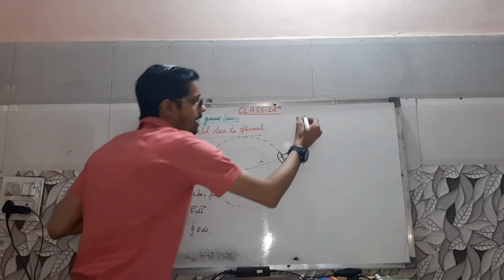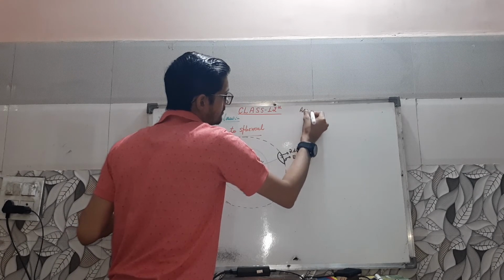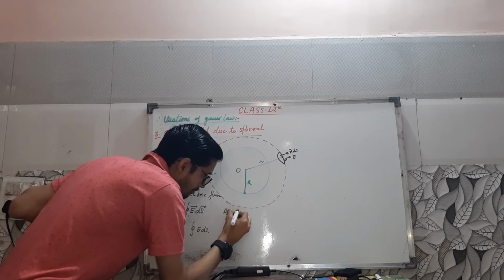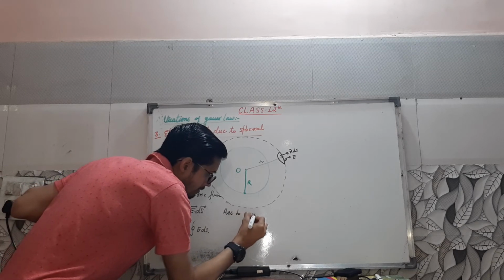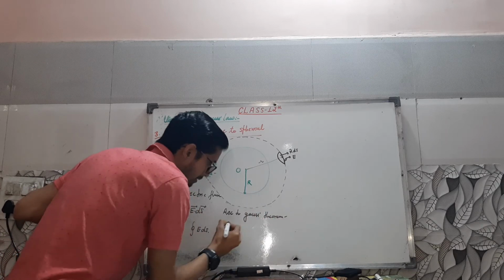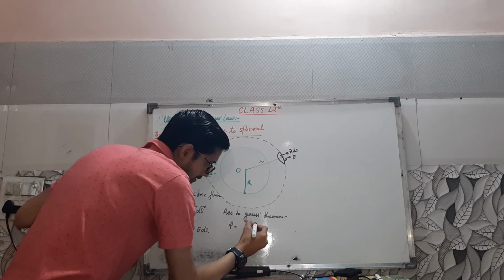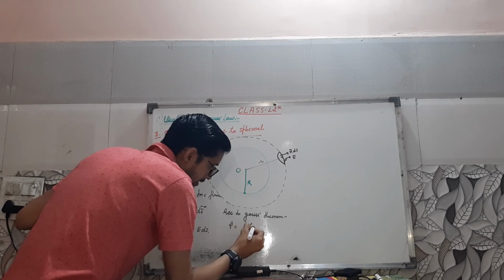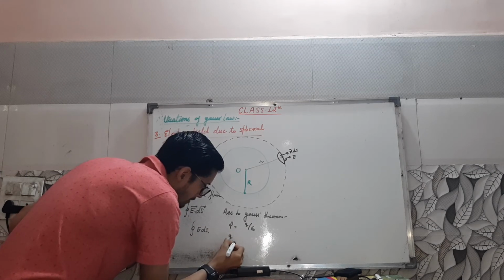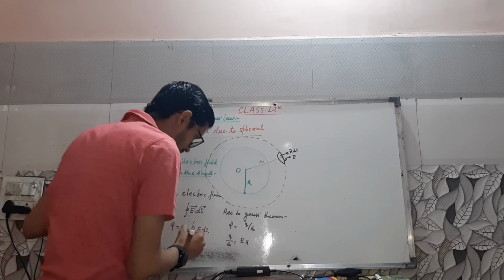Now according to Gauss theorem, phi equals q upon epsilon naught. So q upon epsilon naught will be equal to E, which comes out, but what is dS?